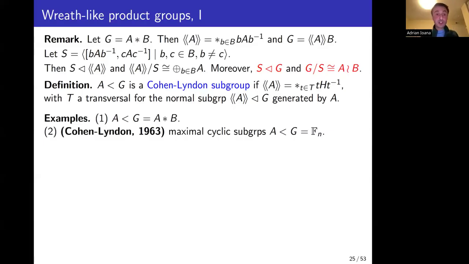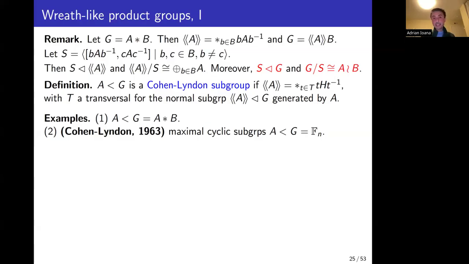What are some examples? As we already saw, any group A is a Cohen-Lyndon subgroup of the free product of A with any other group B. But what Cohen and Lyndon discovered in 1963, which is what gave the name to this property, is that maximal cyclic subgroups A of any free group F_n are also Cohen-Lyndon subgroups.